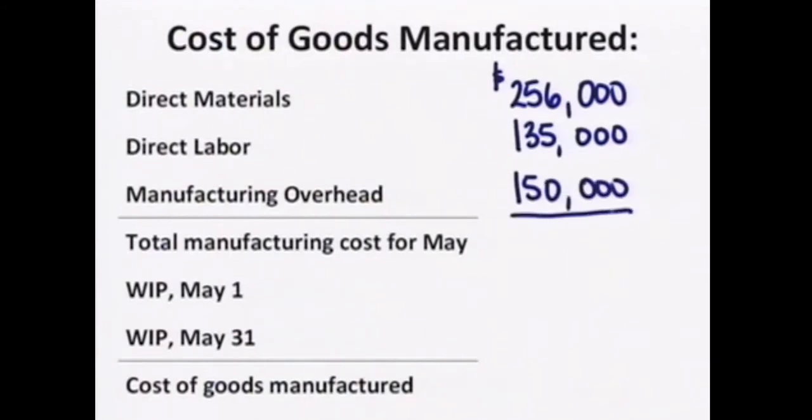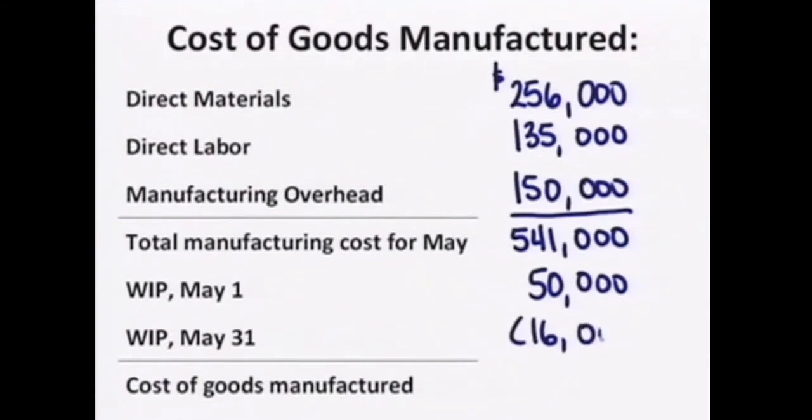This equals total manufacturing costs for May of $541,000. Next, we add beginning work in process of $50,000. And we subtract ending work in process of $16,000. Cost of goods manufactured for Blue Denim Company is $575,000.